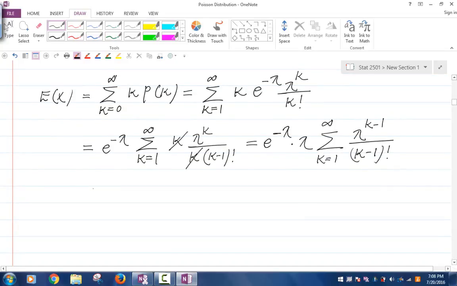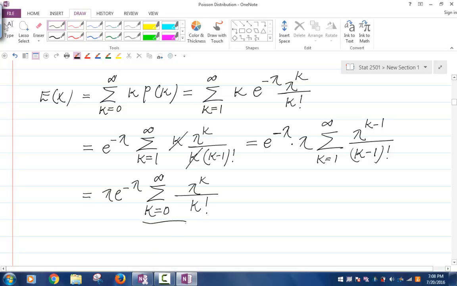Now I'm going to shift the index of the sum, so I have lambda e to the minus lambda summation. I'm going to replace k by k plus 1. If I replace k by k plus 1, then the summation will start at 0, and I get lambda to the k and k factorial in the denominator.